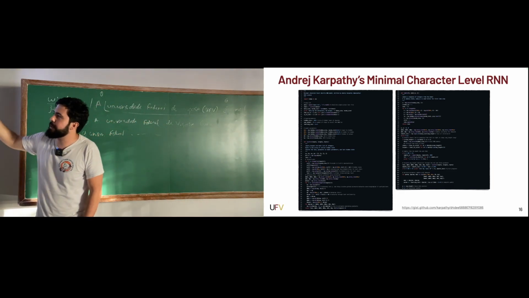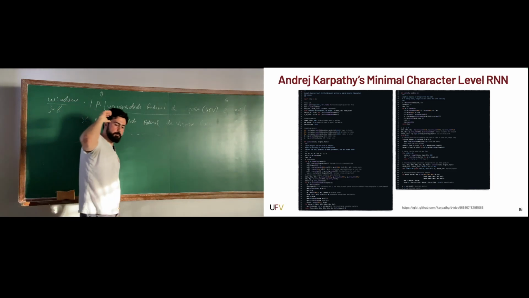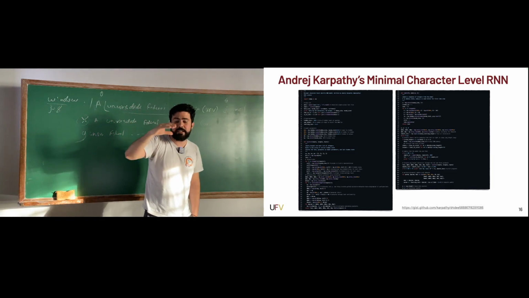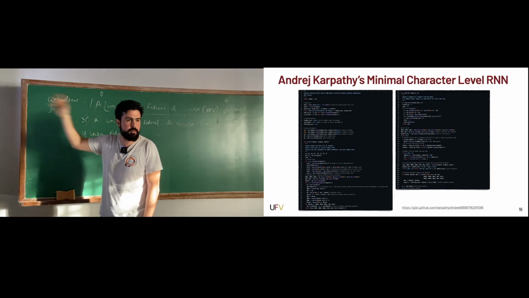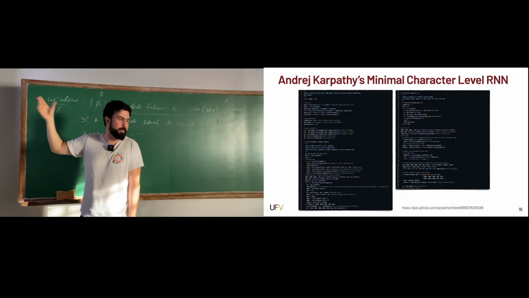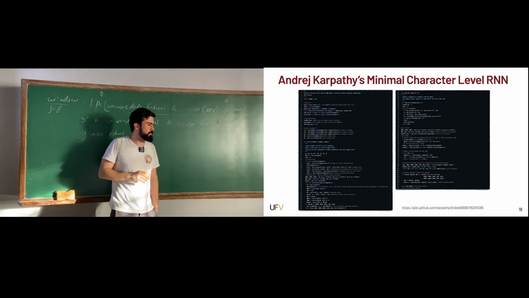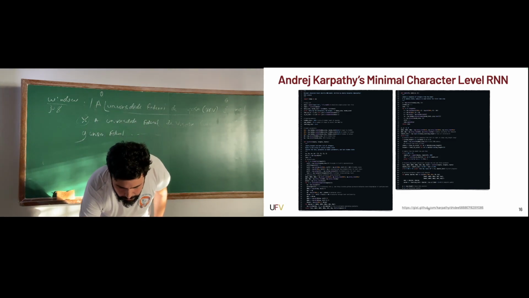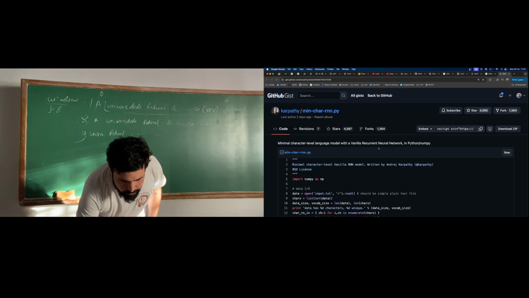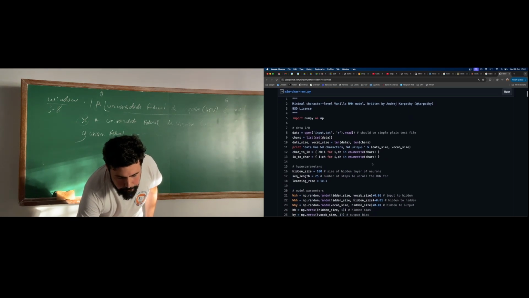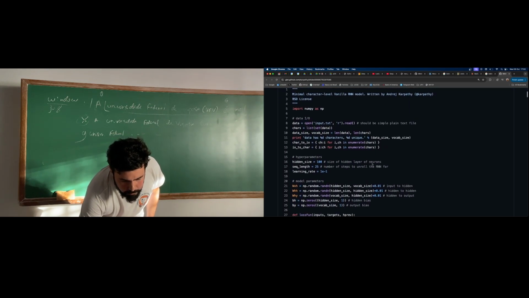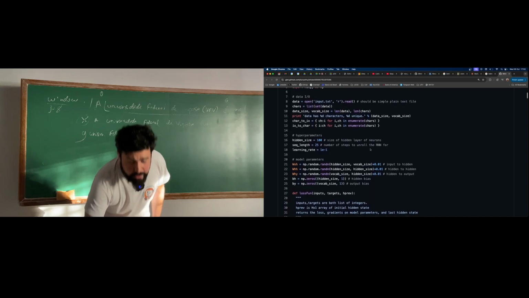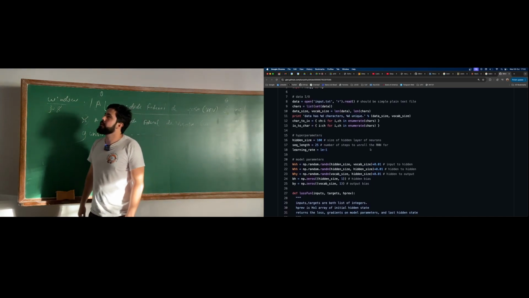So all the forward pass, backward pass, parameter initialization, dataset creation, everything is here. Okay? And there are still comments, so it's not a very compact code. I want to show you this because it's a very educational implementation, I think. And this works.